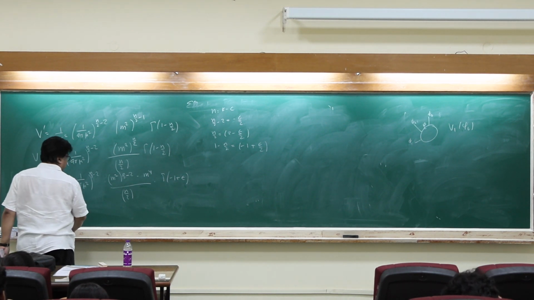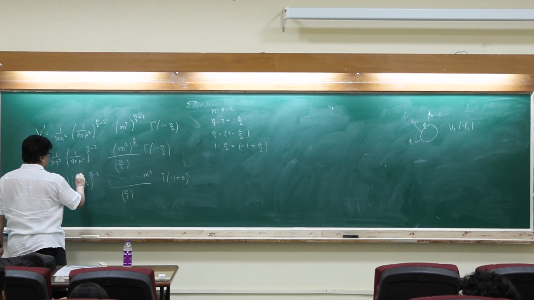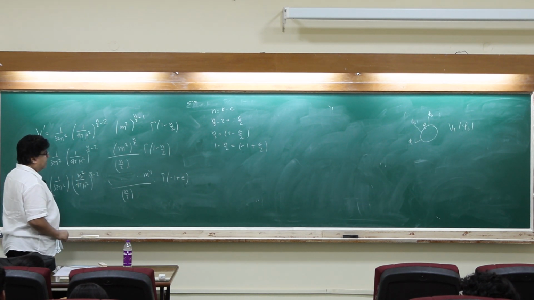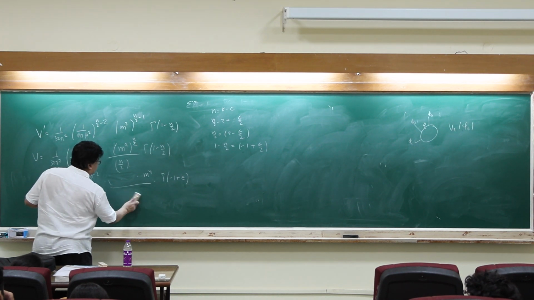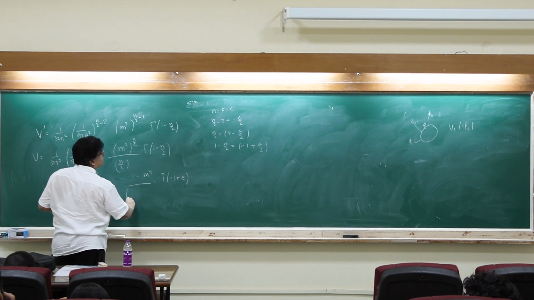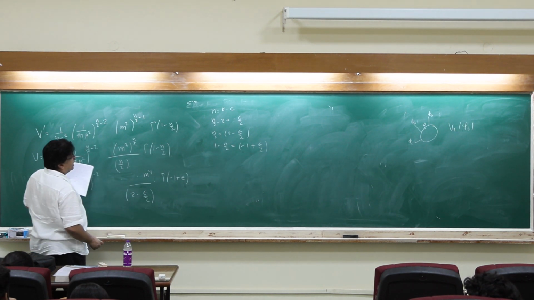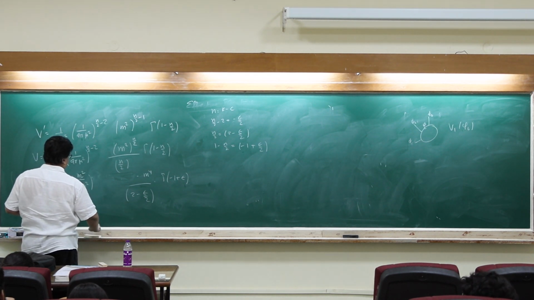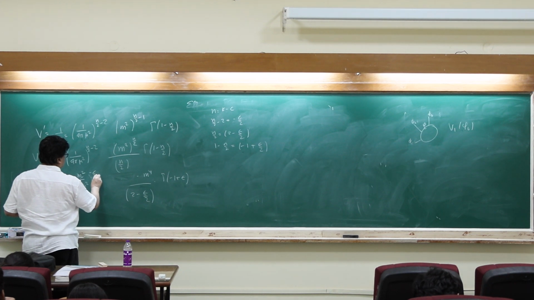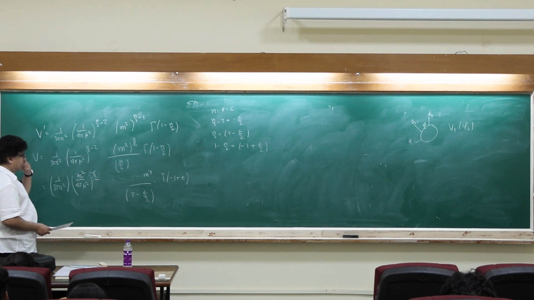So I'll do this step here. So I'll put this m square here. Okay. And then I will use the fact that my n by 2 was 2 minus epsilon by 2, and n by 2 minus 2 was minus epsilon by 2. So this is the guy we have to calculate in the epsilon going to 0 limit.